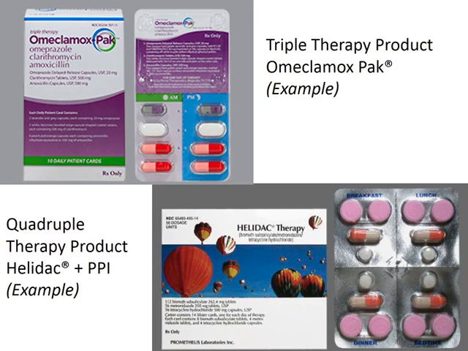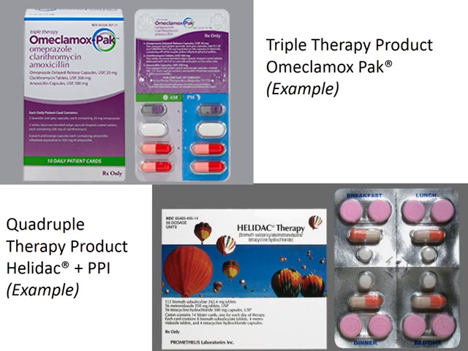This is a 10-day pack, and so you can see that on the left side is the AM dose, and on the right side is the PM dose. And so this includes omeprazole, clarithromycin, as well as amoxicillin capsules.